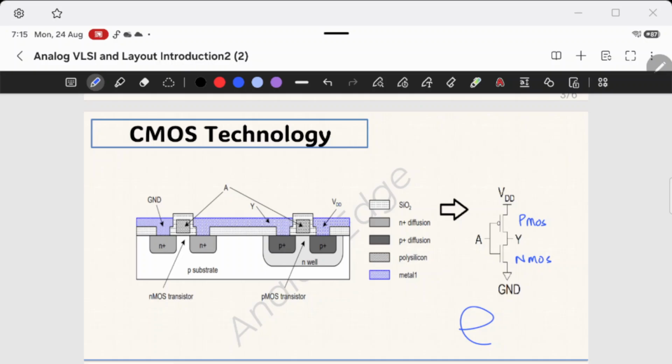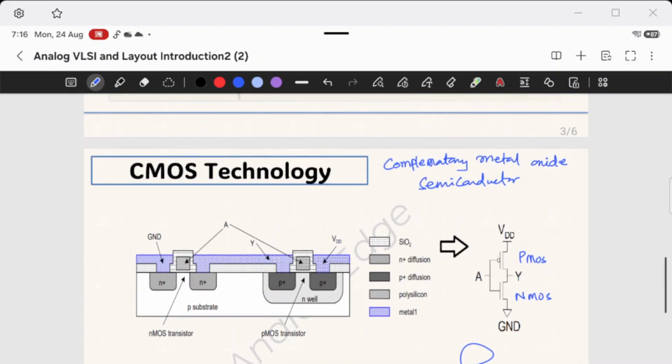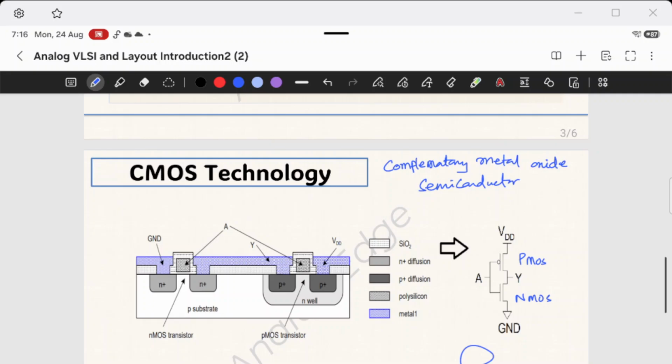I hope you are all aware of PMOS and NMOS. CMOS is abbreviated as complementary metal oxide semiconductor. Before moving further, let's briefly discuss MOS devices, and then we will come back to our discussion on CMOS.